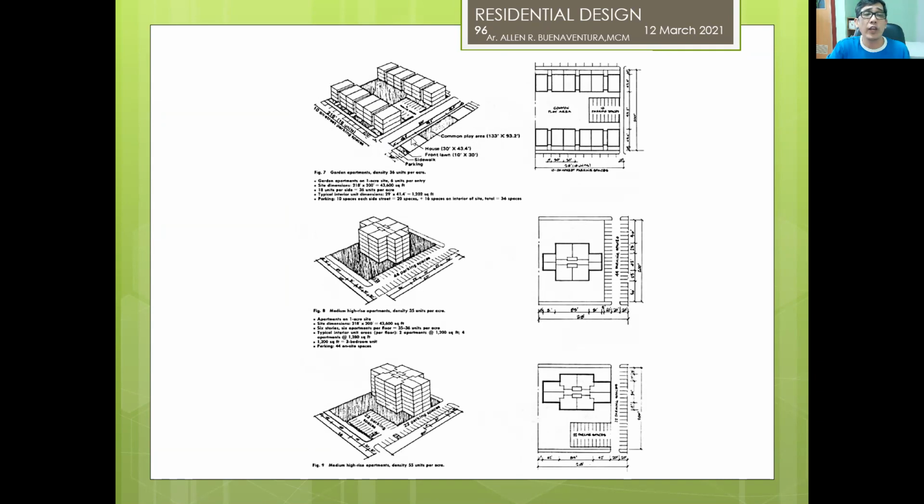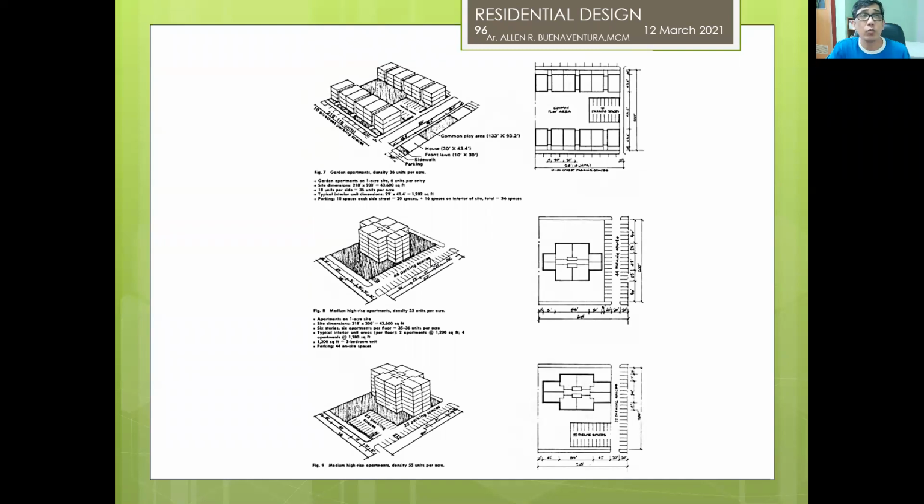So these are common developments for multi-level units like mid-rise housing, when there is a common parking facility for all the housing owners. This is also a multi-level tower, a medium-rise apartment, showing that the parking spaces are located not inside the building, but in an open parking lot.